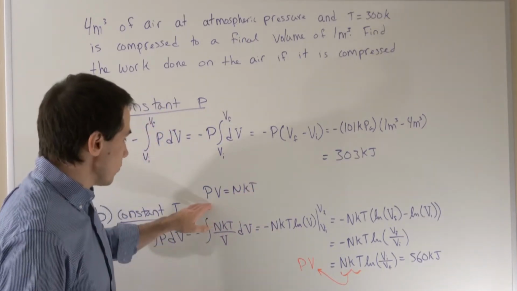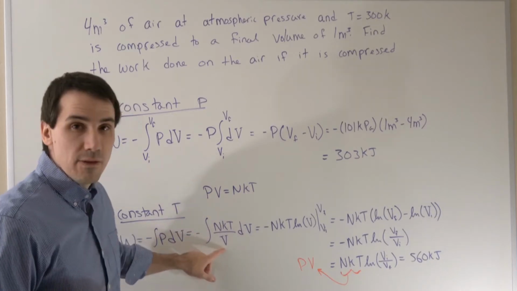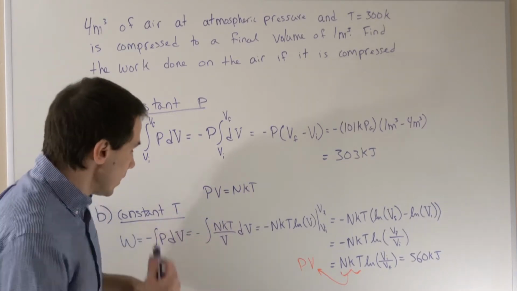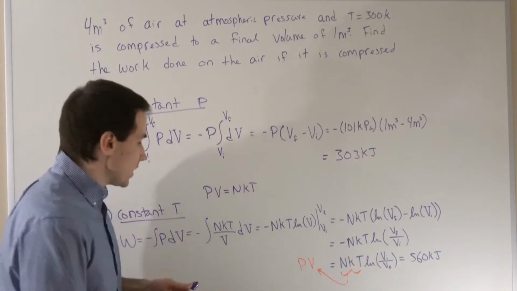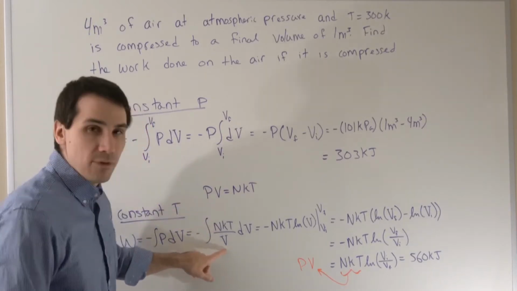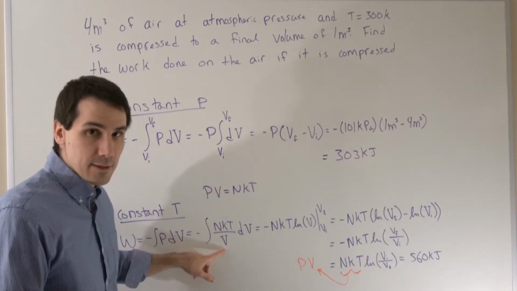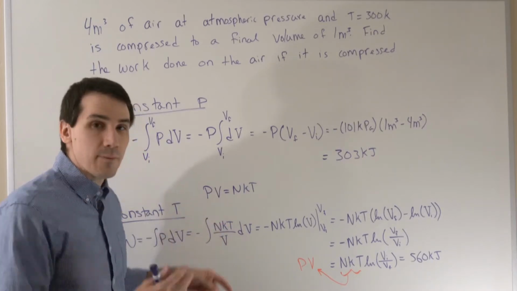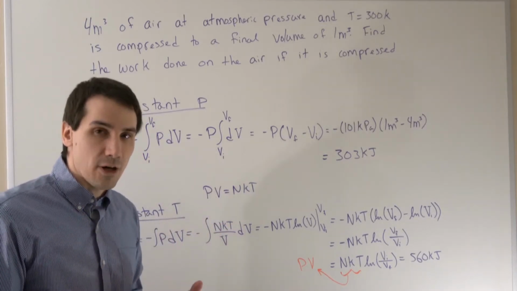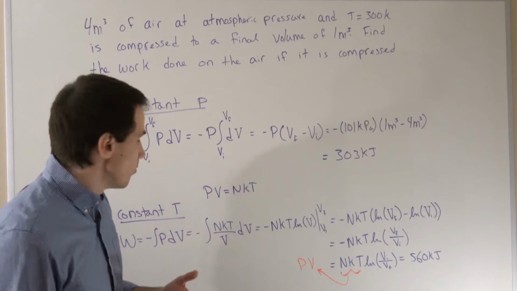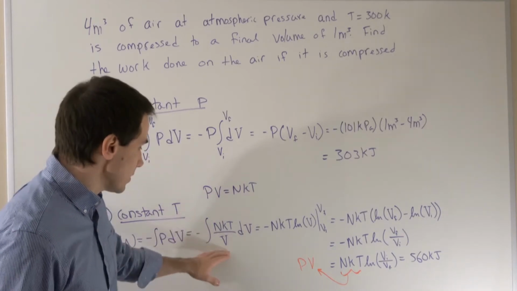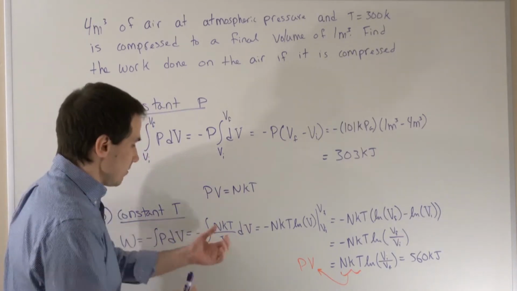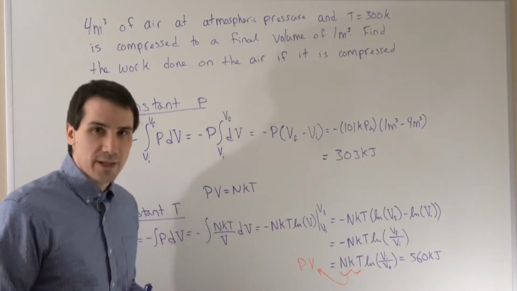We solve that for pressure, and we end up with this expression here. Now, this is usable because everything except for volume is a constant. We couldn't do this if temperature for some reason depended on volume, but because we know that the temperature is constant, we can use this, and in fact the nKT just gets pulled outside of the integral.